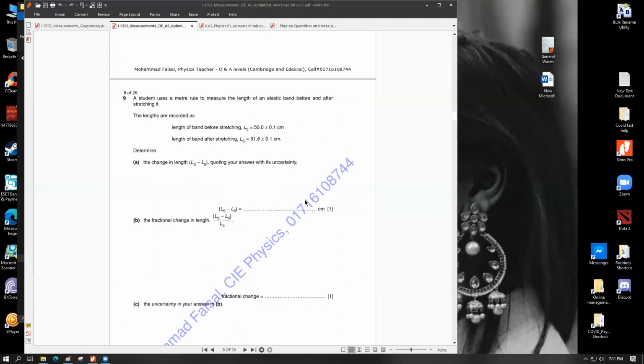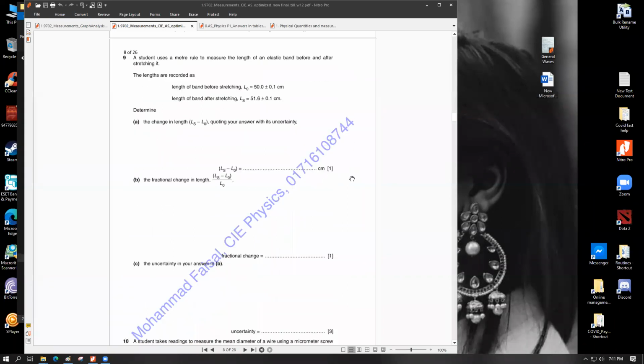Sir, when we calculate uncertainty, আমরা like পুরো answer লিখতেছি না, যে like value plus uncertainty লিখতেছি না। Sir, so when we write the uncertainty value, just the uncertainty, not the value plus minus uncertainty, তখনও কি ওই decimal place-টা ই করতে হবে ভ্যালুর সাথে?